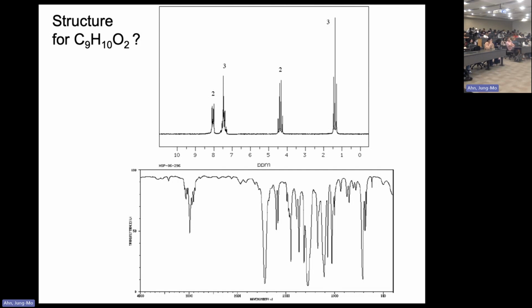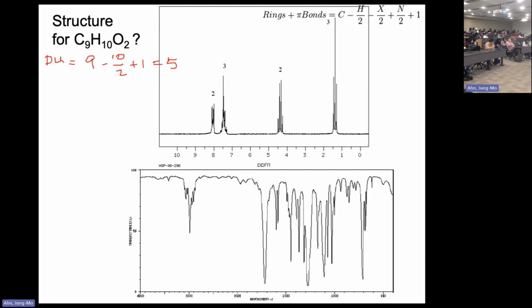So for this one, we give the molecular formula C9H10O2, right? When you see the molecular formula, what I want you to do is use this to figure out the degrees of unsaturation. So, 9 carbons, half of the hydrogens is 5, 9 minus 5. It's the same thing actually. So we got 5 degrees of unsaturation here.